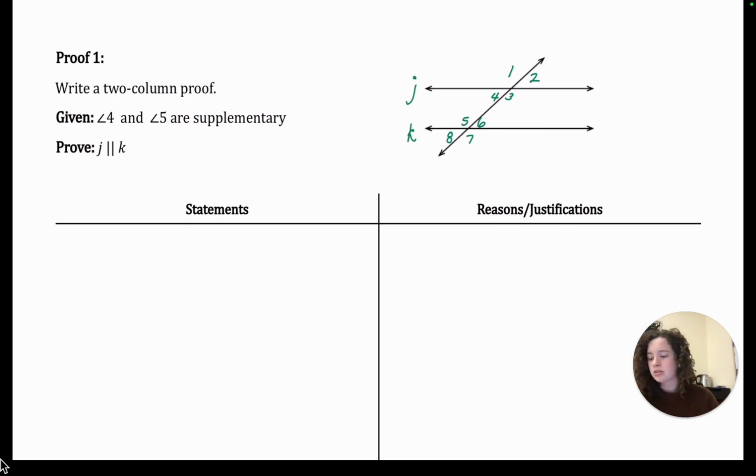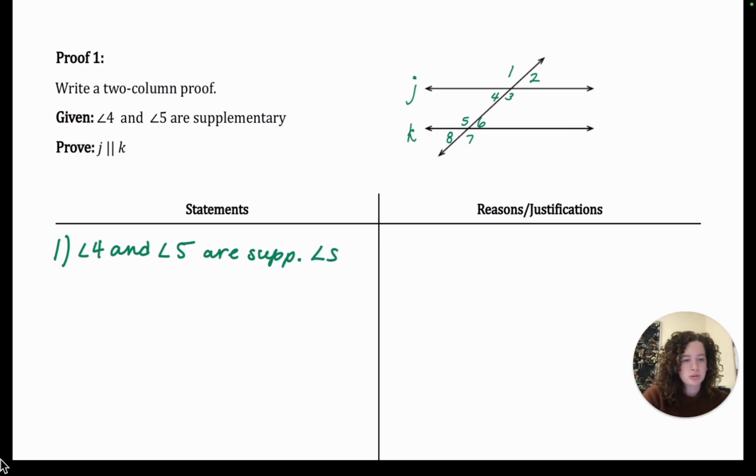All right. So our first piece of information that we get just from the start is that angle 4 and angle 5 are supplementary angles. Right? I'm just abbreviating here just to make it fast. And we are told that information at the top.